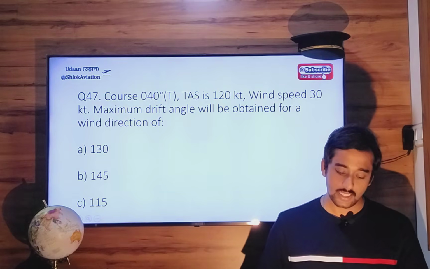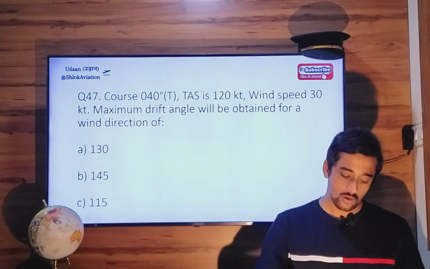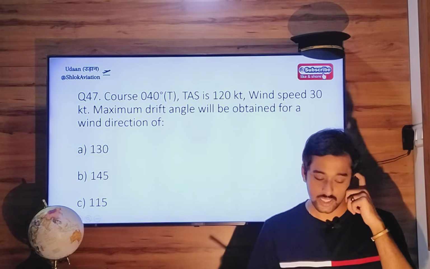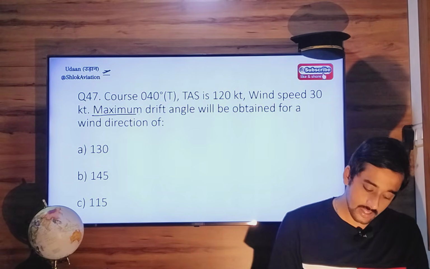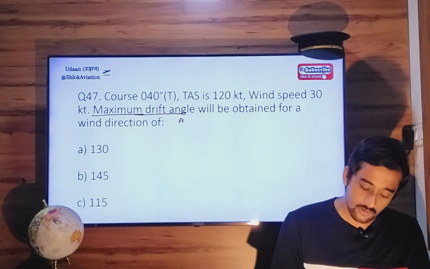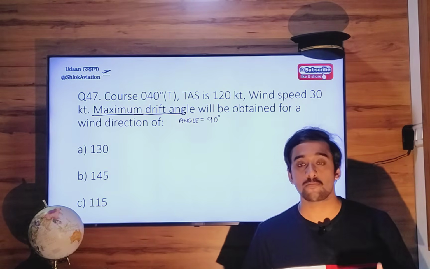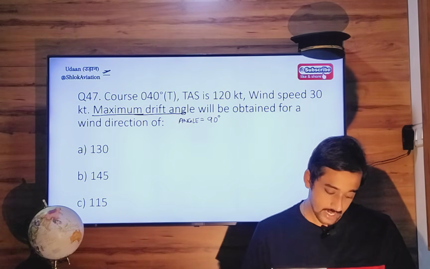Course given, task given, wind speed is given. What is the maximum drift angle that will be obtained for a wind direction? Maximum drift angle means complete crosswind at 90 degrees, perpendicular to your track.